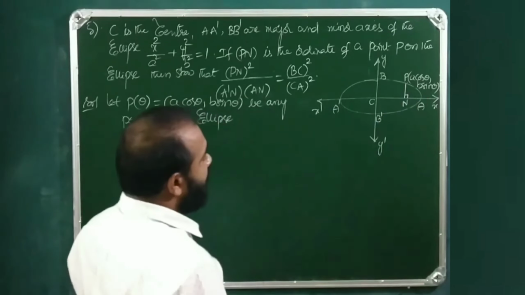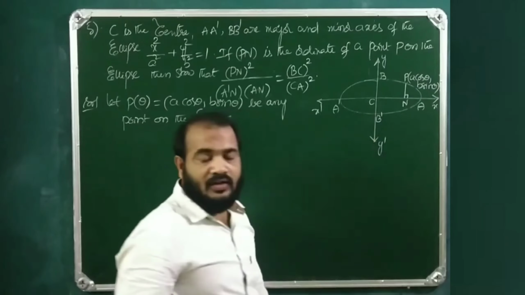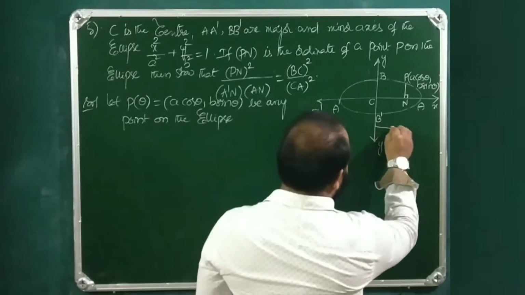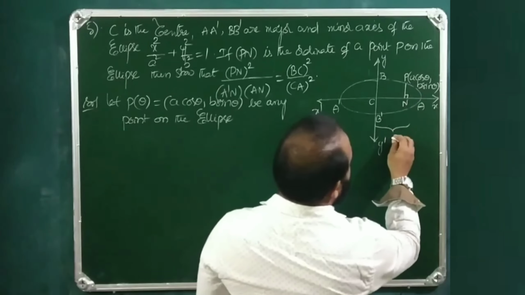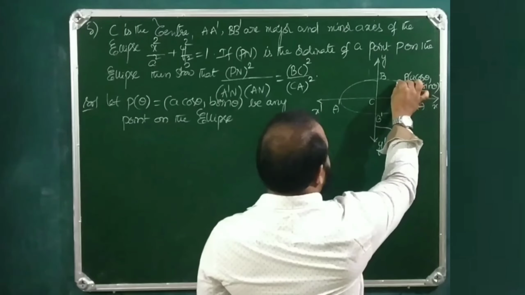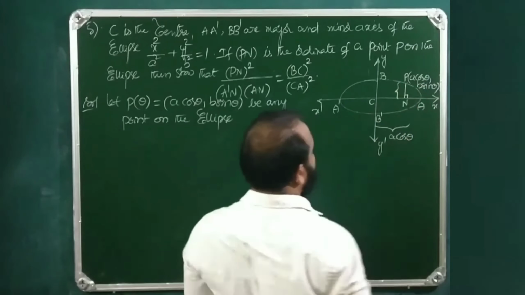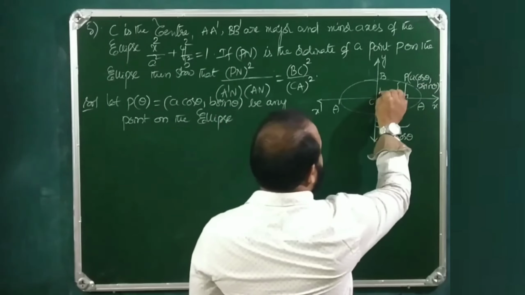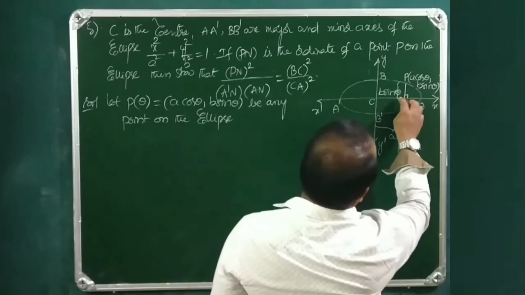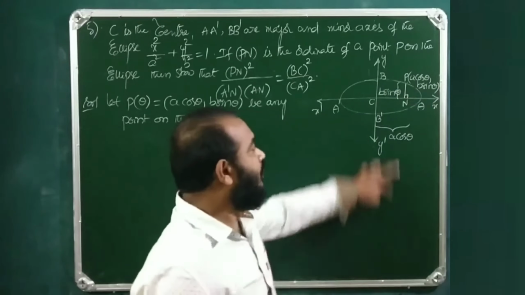So then, since C is the center of the ellipse, therefore this Cn is equals to A cos theta, and this Pn, which is B sin theta here. So what is Pn here?